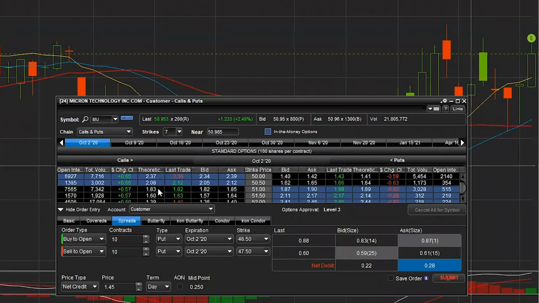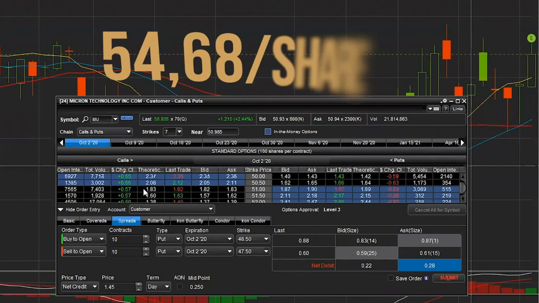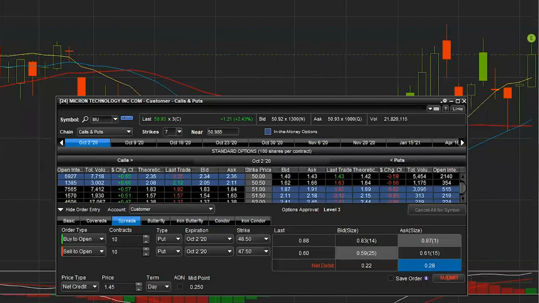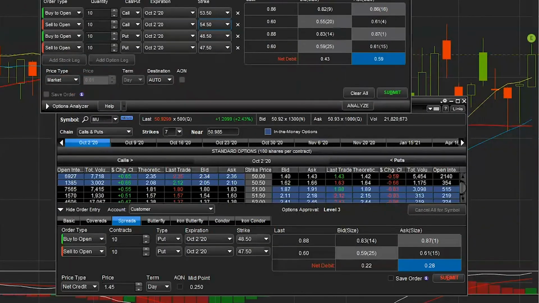To make a 100% return, you have to add another $1.84 plus 1.84. So to make a 100% return, you need the stock at 54.68 a share just by picking up that 51 strike call. So why are you going to pick up that 51 strike call when you could protect yourself and do that trade we just talked about right here?